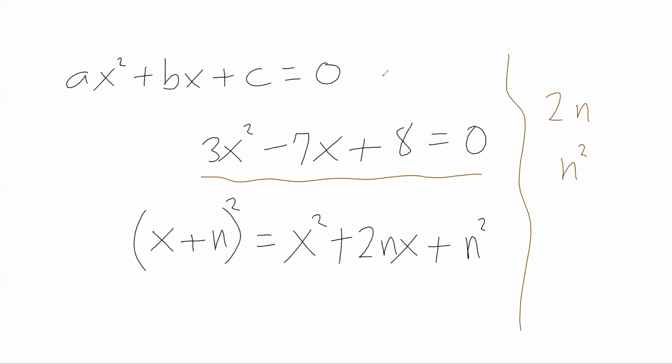So I'm going to move on to a new whiteboard so I can look at this. Again, it was 3x squared minus 7x plus 8 equals 0.